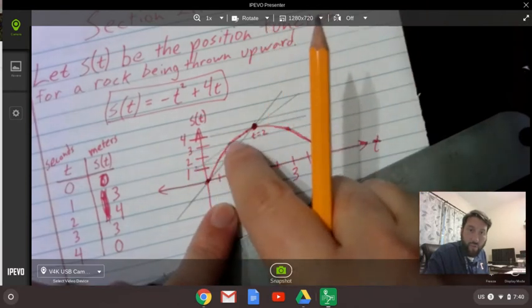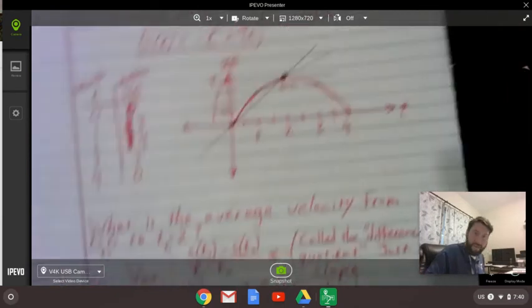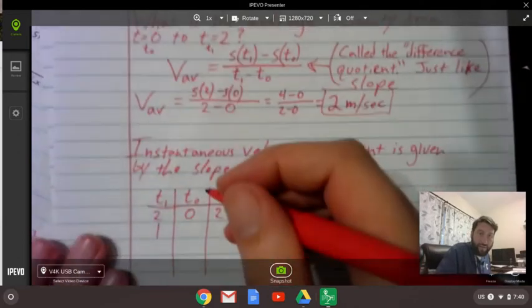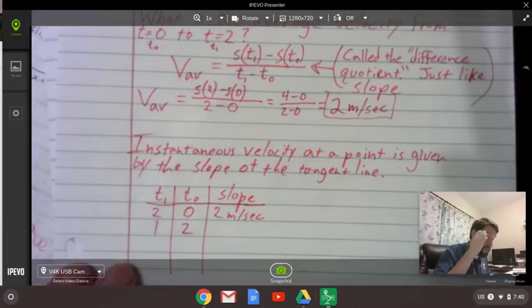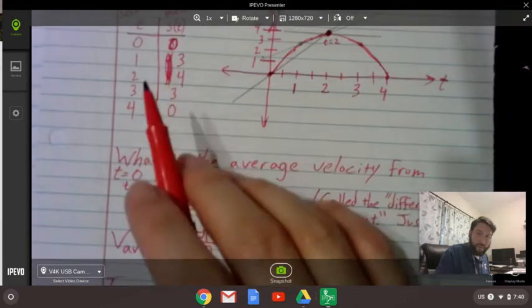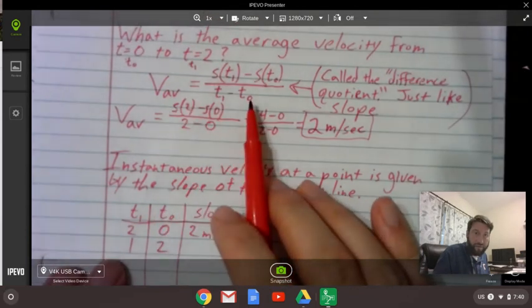Let's try it from 1 to 2. I can just go ahead and use the table that I already made up above here. So I'm going to go from 1 to 2. So you just plug it into the velocity formula.